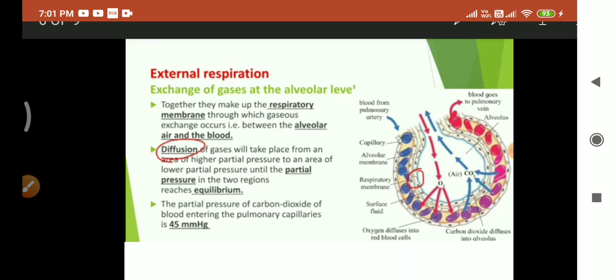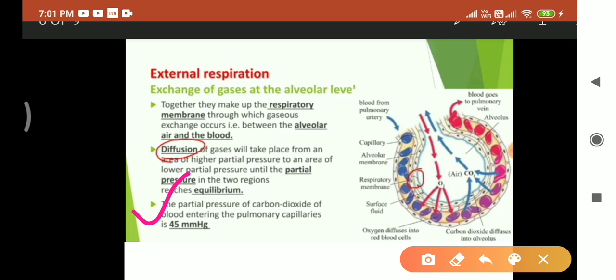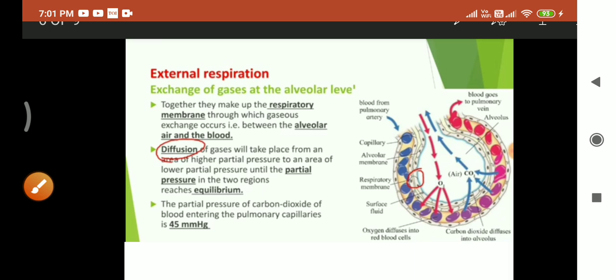The next one is the partial pressure of carbon dioxide of blood entering the pulmonary capillaries, which is 45 mmHg. So remember this concept. Now we are talking about carbon dioxide. The partial pressure inside the pulmonary capillaries is 45 mmHg.